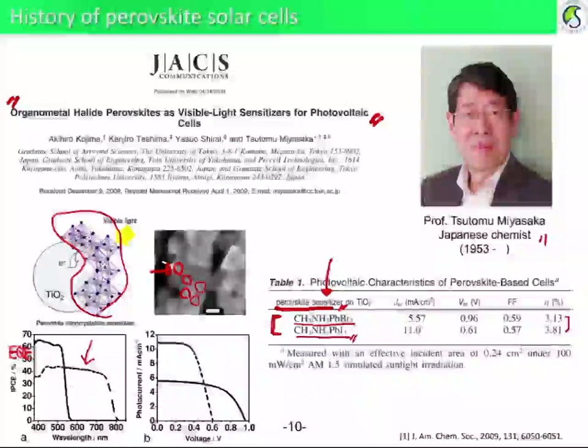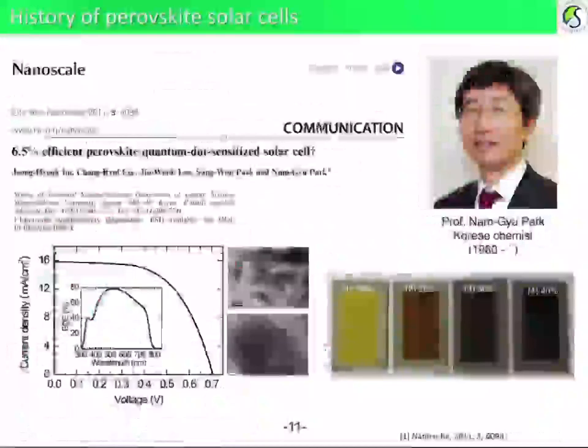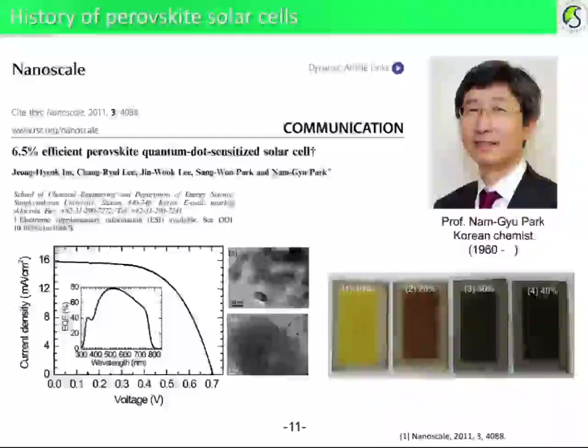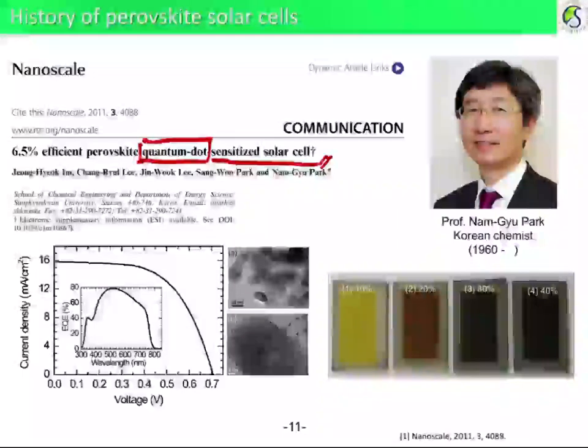Inspired from this study, Professor Namgyuk Park in our university tried to utilize the perovskite material in the sensitized solar cells. So he used the term quantum dot, which means that the perovskite material is formed as a nanocrystal on the surface of the titanium dioxide.